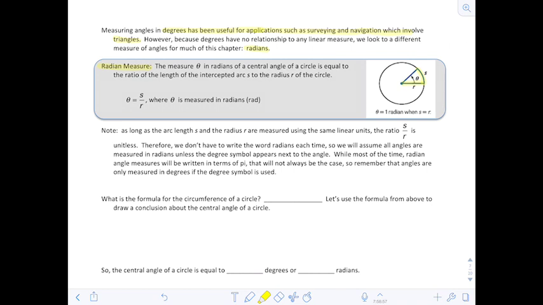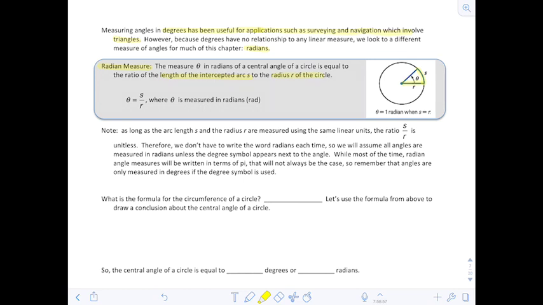The measure theta in radians of a central angle of a circle is the ratio of the length of the arc, which is S, to the radius of the circle, which is R. So from this diagram, we could represent theta as S over R, and theta is now measured in radians. It is a ratio of the arc length to the radius when you have an angle at the center of the circle.